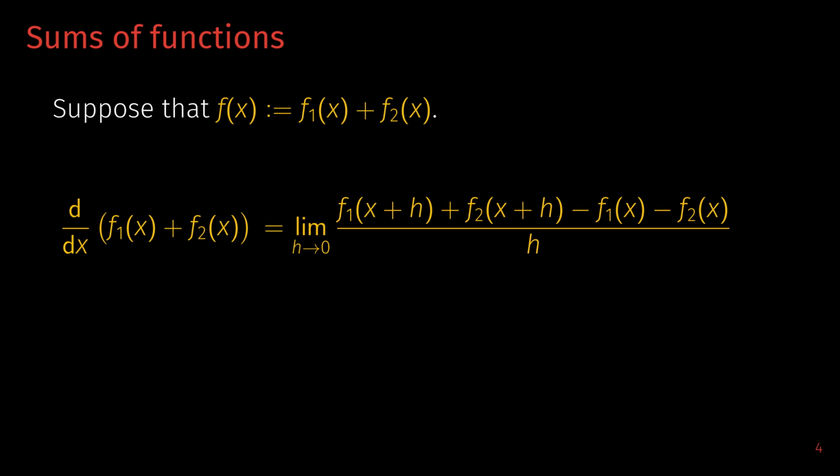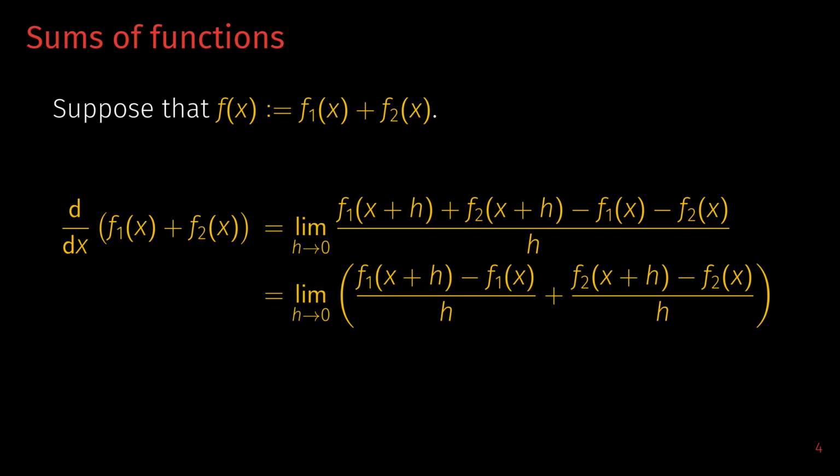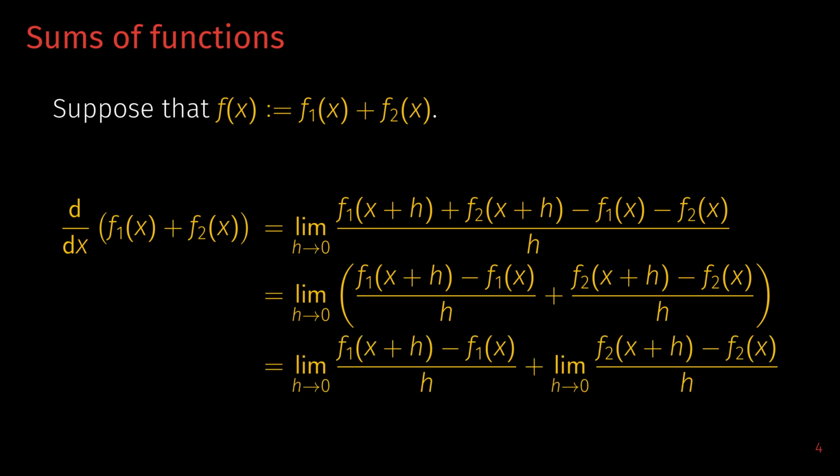Then, using the same principles as before, we just plug that into the definition of a derivative. In this example, we might split this fraction into two, where one of the fractions has only f1 of x in it, and the other only has f2 of x in it. Now we might separate these into two separate limits.